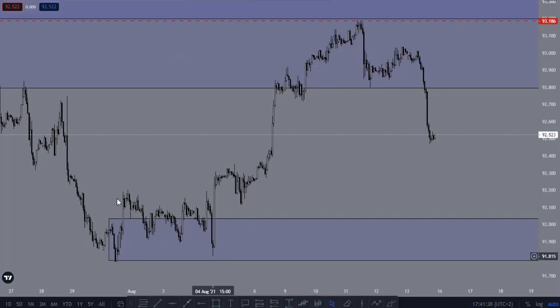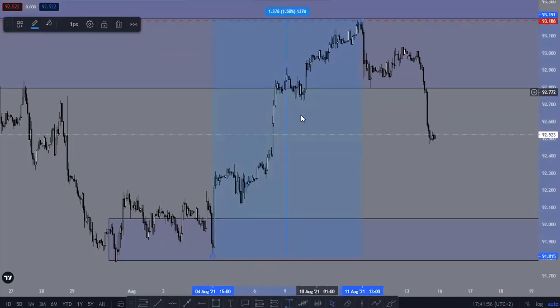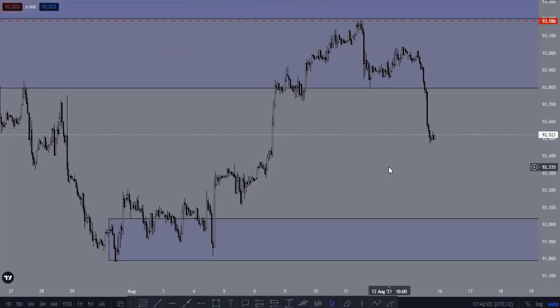We had a beautiful structure. We came back in here. We could have caught these lows, and our target profit would have been what? We've been looking at 100, 130, or close to 140 pips. Actually, 138 pips.